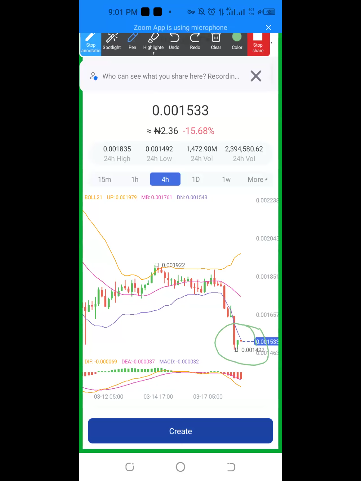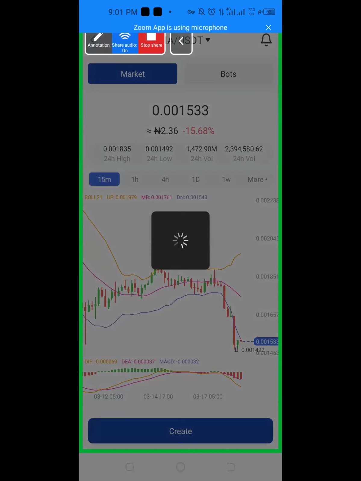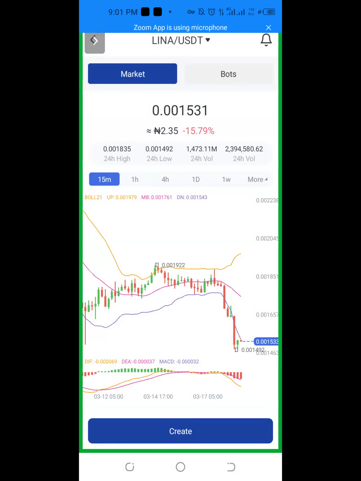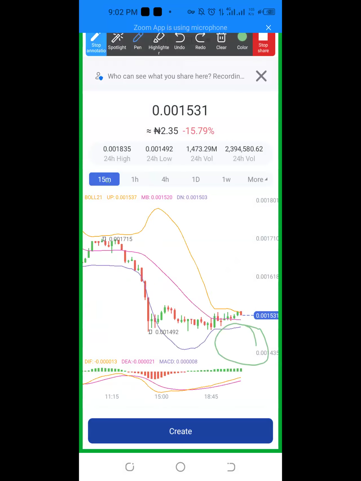This coin is already on a good downward trend, but let us look at the 15 minutes chart. That's where you go and check whether this coin is good to use for the MACD indicator strategy. Okay, the coin has been ranging. I have seen it. It's ranging on the 15 minutes.